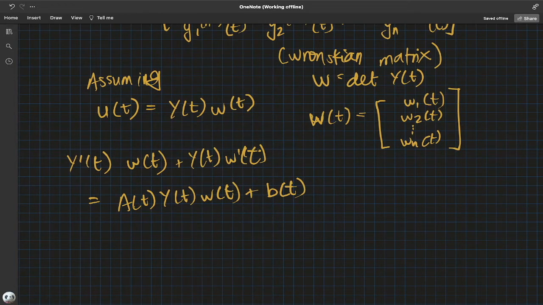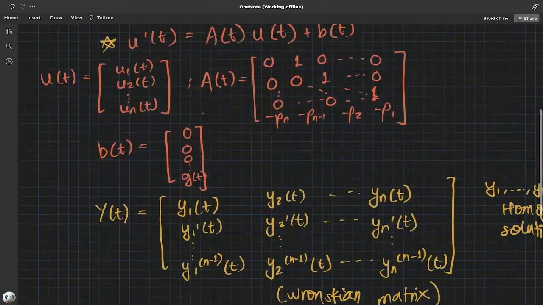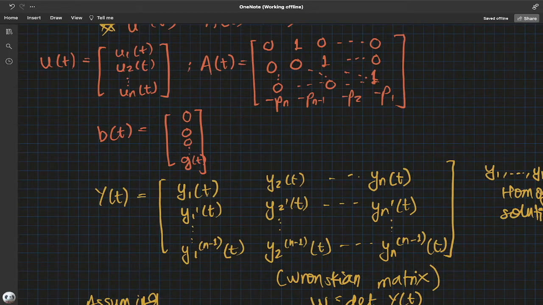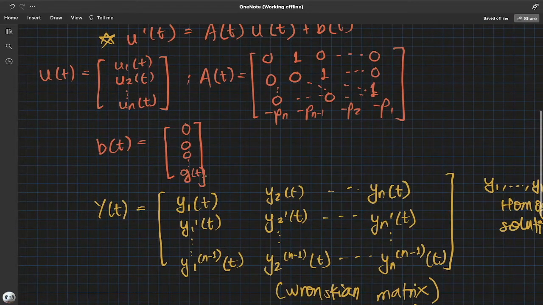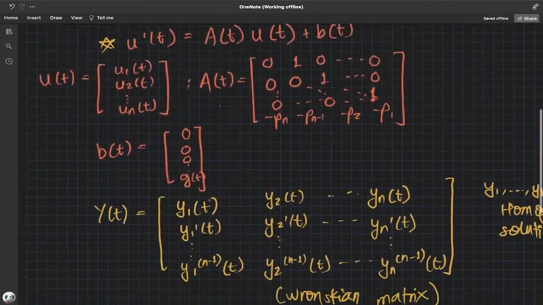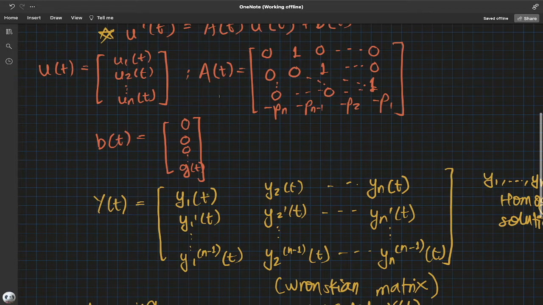One interesting thing to note is when you apply A of t on Y of t, that's like saying if you take one column from this, the column of the new matrix that is generated after this multiplication is just A acting individually on this column. So you can look at each individual column and say, well, the column for the new A times Y is just the matrix A acting on the first column.